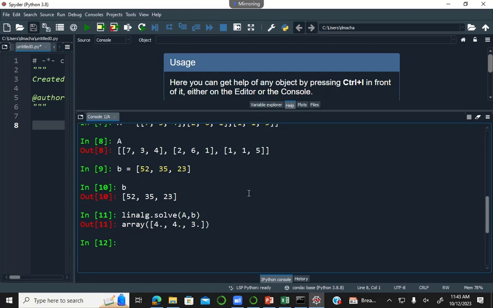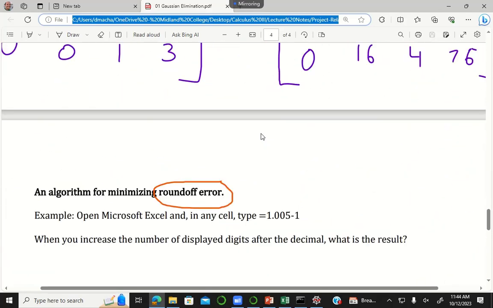Then it's doing Gaussian elimination, and it sees what it gets at the end, and that's what it tells you is the solution. It's 4, 4, 3. So now you know how it works. Using this command, it's easy in Python. You just have to type in solve, and it does it for you. But now at least you know how it works and what's happening in the background. Okay.